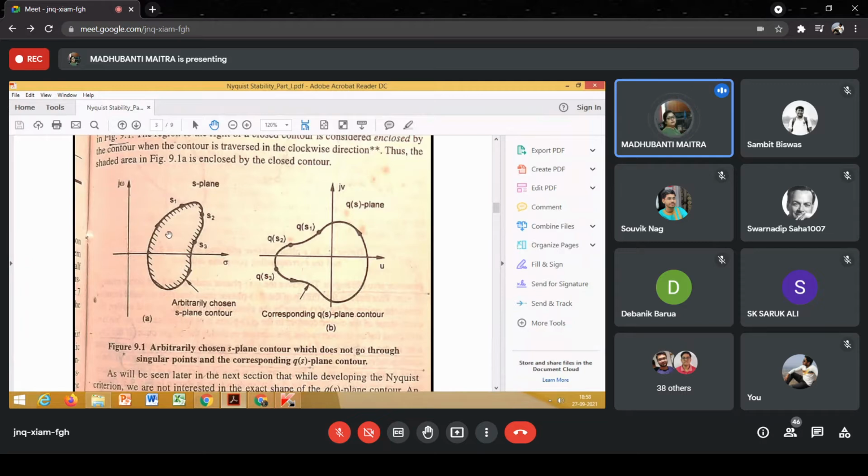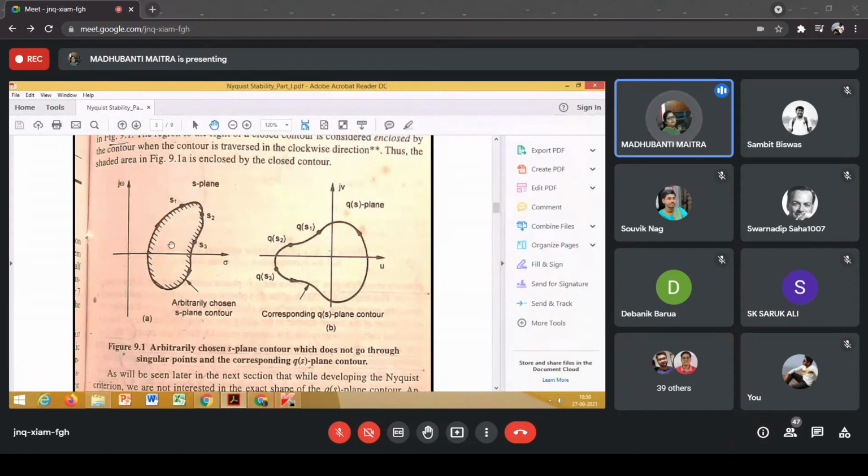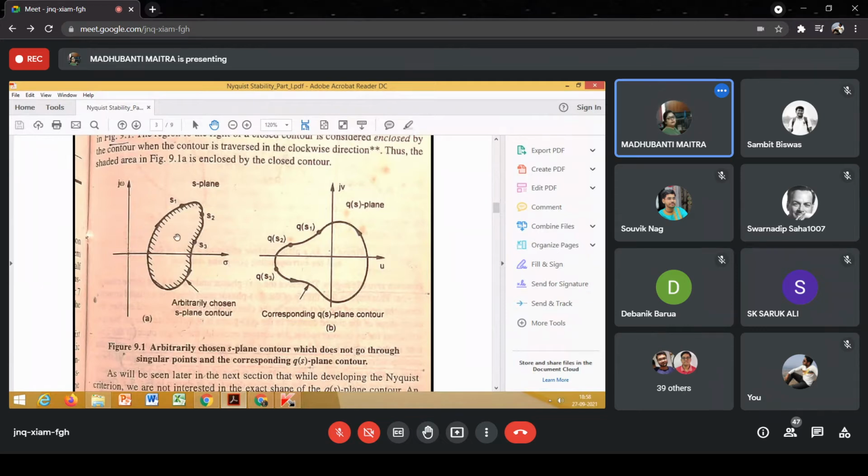Clear? The region will be the same. So in this course, I'll follow the first convention. That means we'll traverse the contour in the clockwise direction and shade the region lying to the right of the contour, and that region will be said to be enclosed by the contour. Okay.